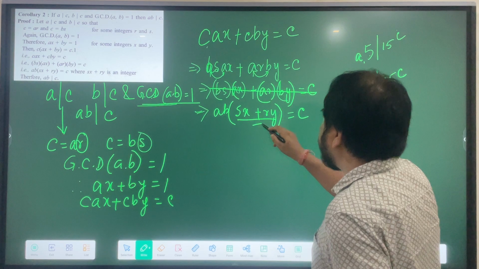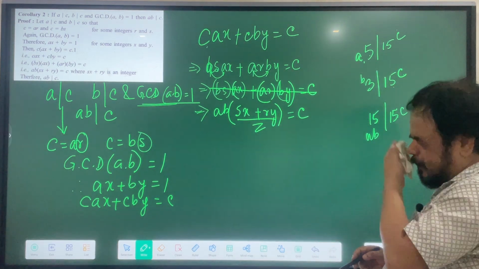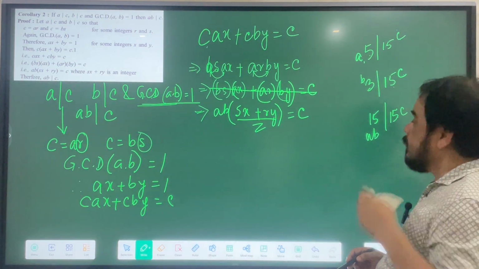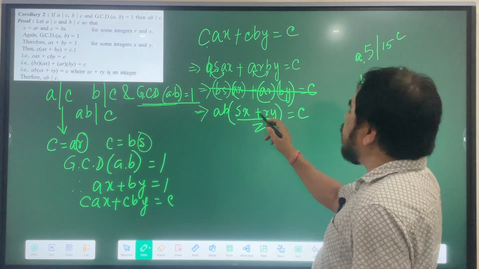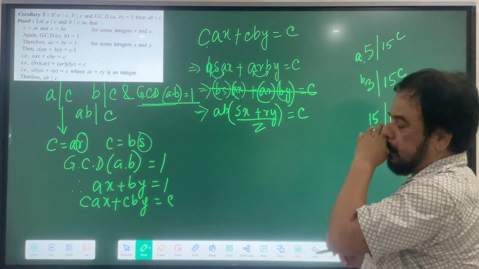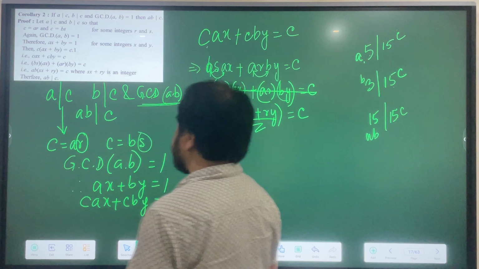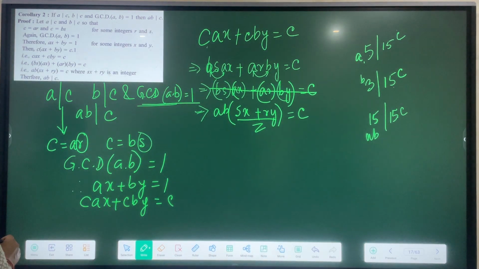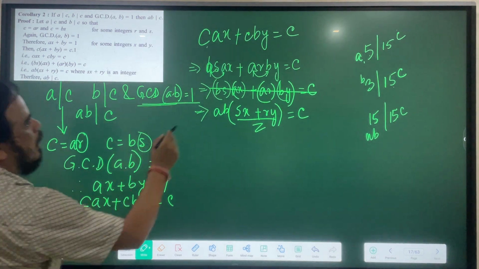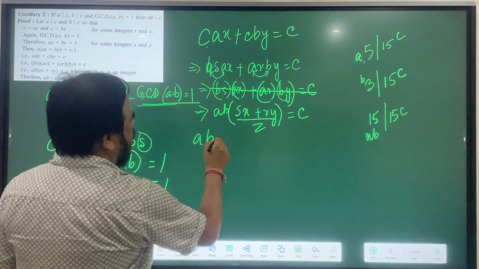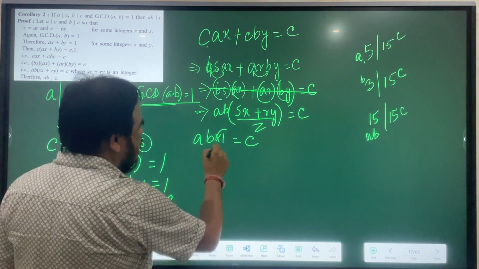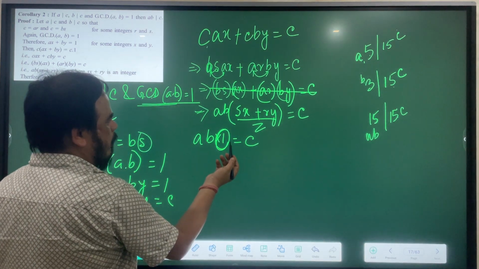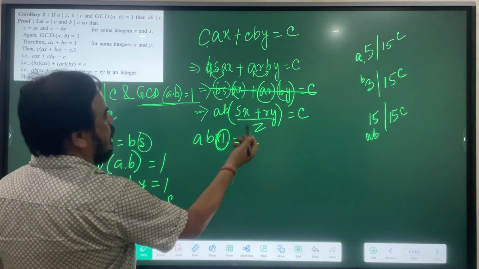Sx plus ry is any integer. Ab into any integer equals c. Look here, ab into something equals c. Ab into 1, suppose, equals c. This is any integer, 1. I have taken 1, no problem. So ab divides c.